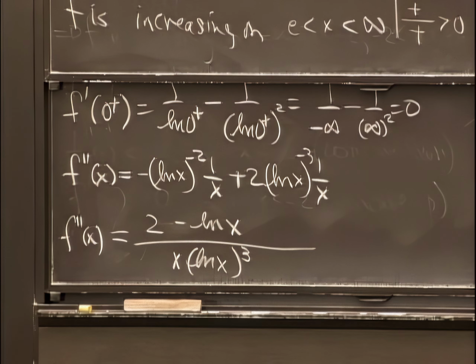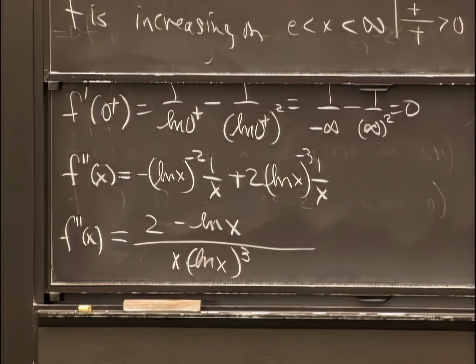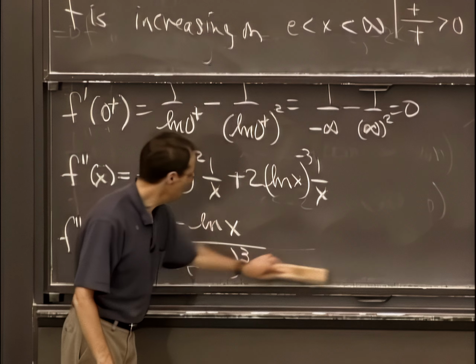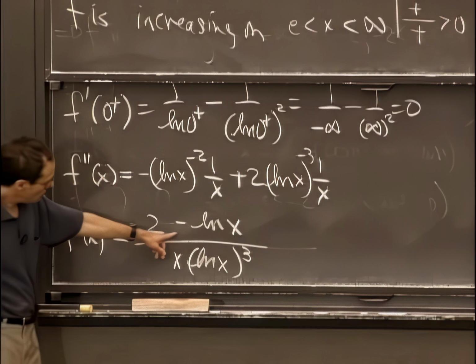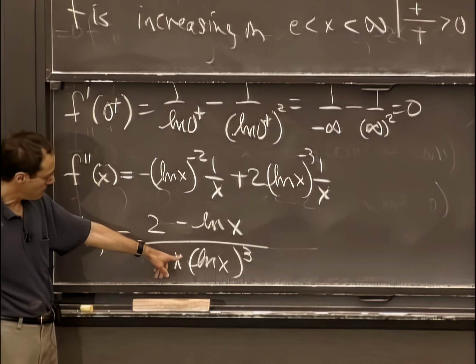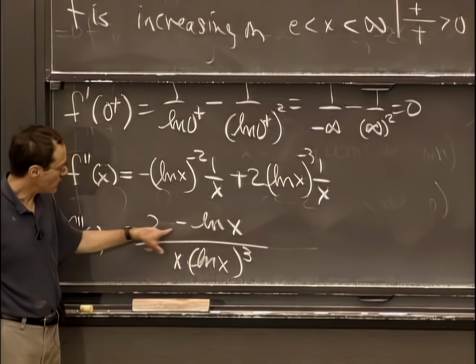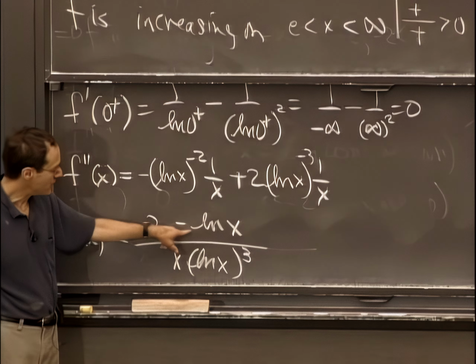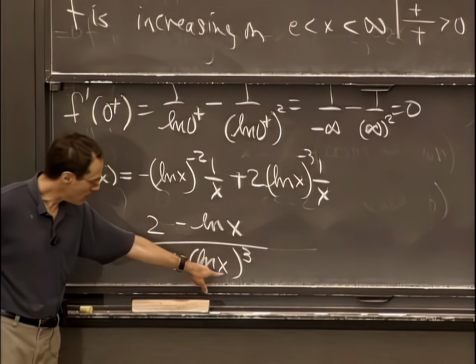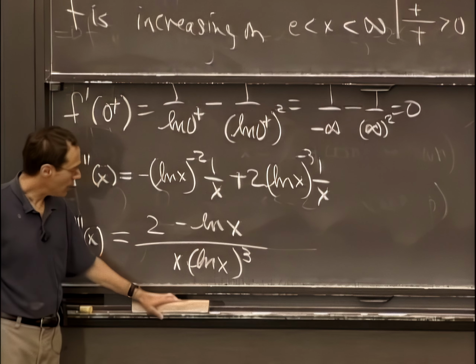as a ratio. Now to decide the sign, you see there are two places where the sign flips. The numerator crosses when the logarithm is 2, that's going to be when x is e squared. And the denominator flips when x is equal to 1.